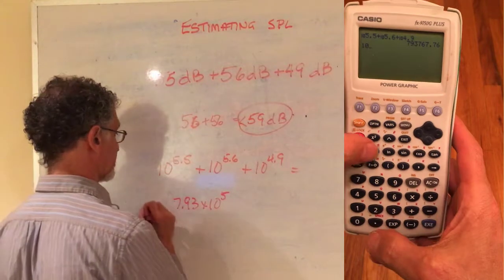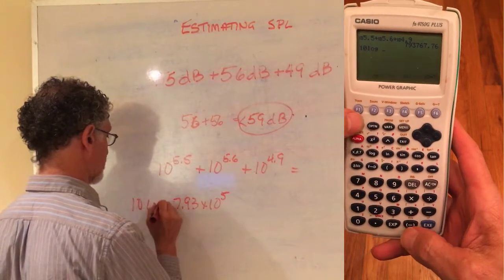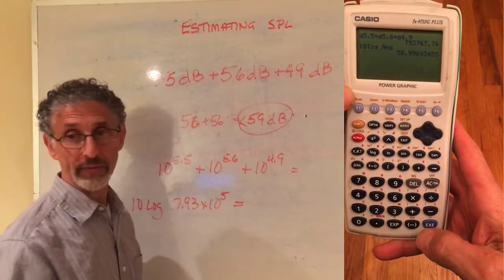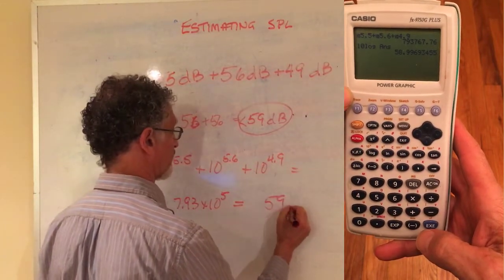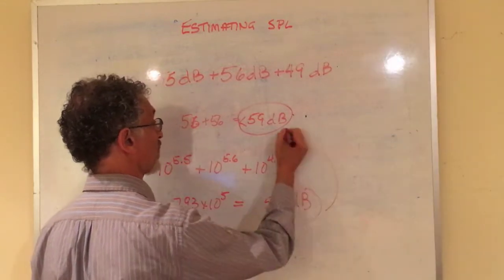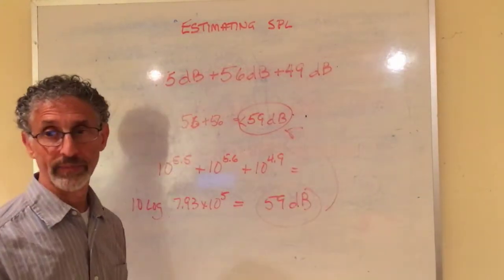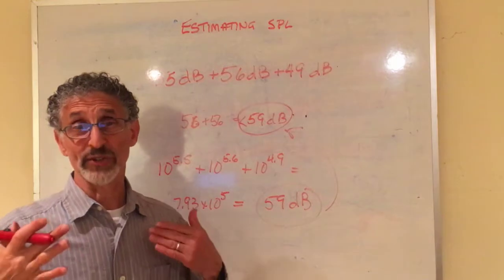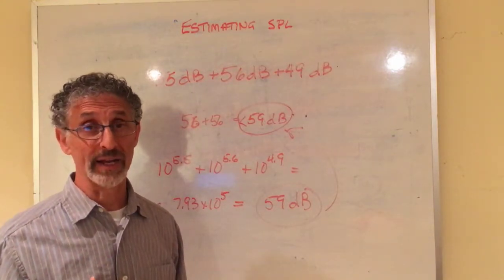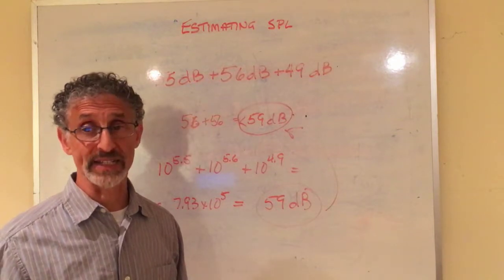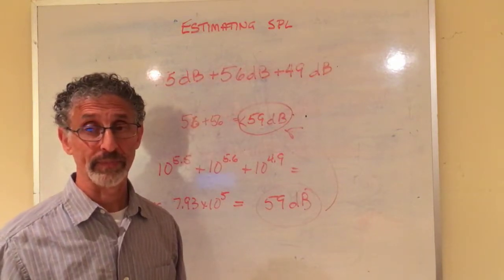We then take 10 log of that, and it turns out that that answer is 59 dB, which is what we estimated up here. Remember, the answer is not 55 plus 56 plus 49, which would be 160 dB.